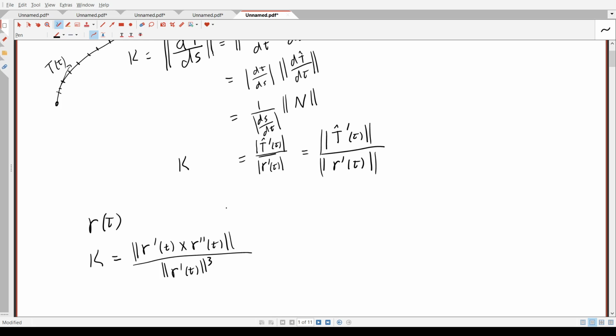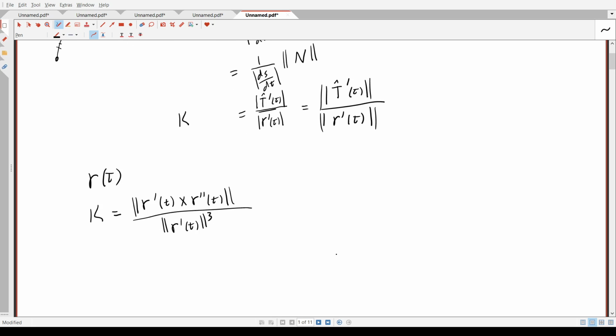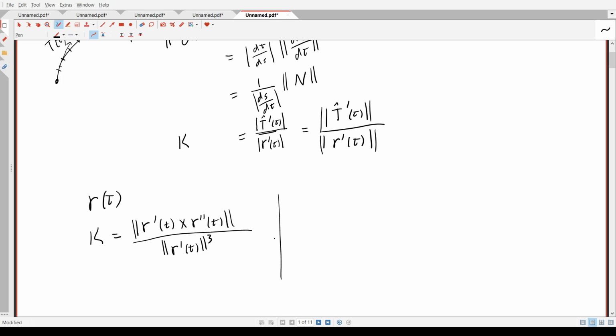Okay, let's see. So find the curvature. So here's an example. It says find the curvature of r of t equals i plus t j plus t squared k.